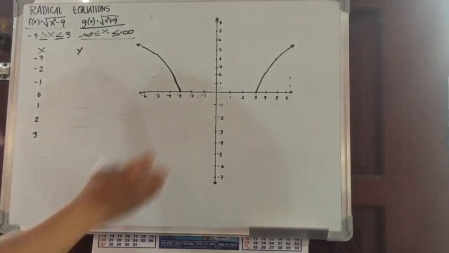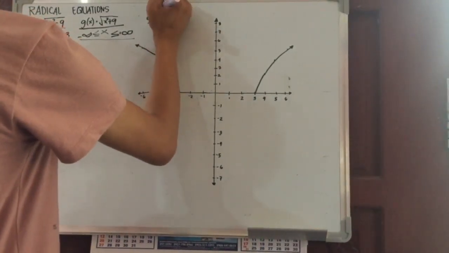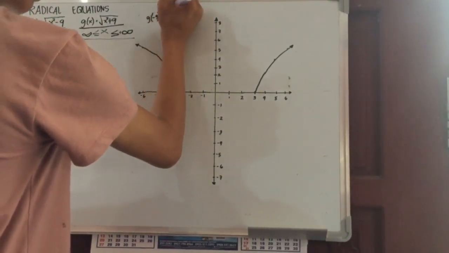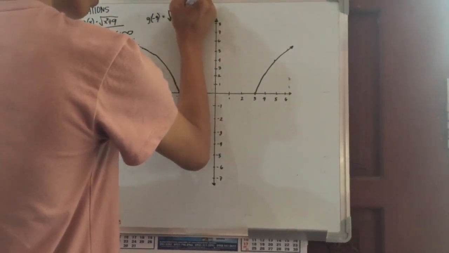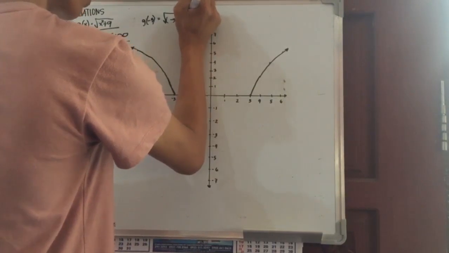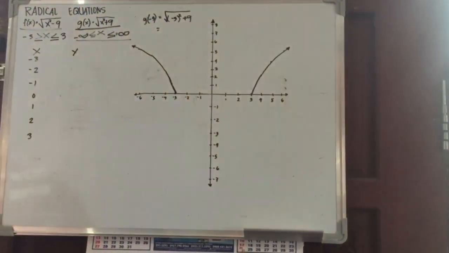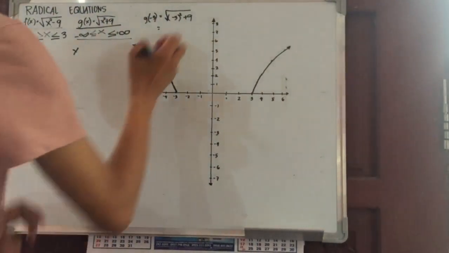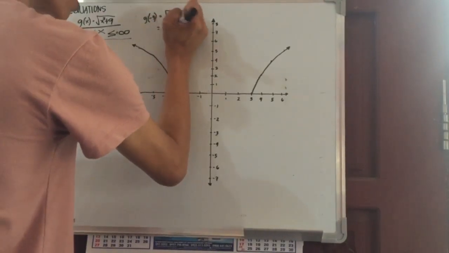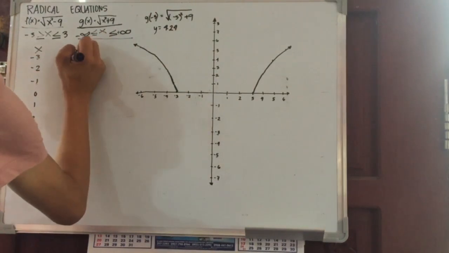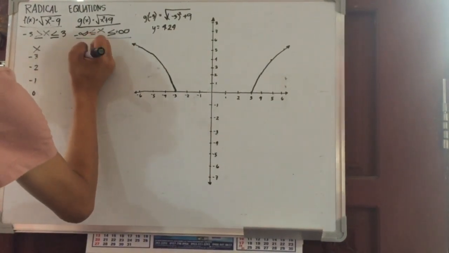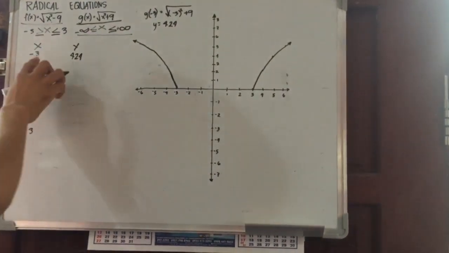So g of negative 3 is equal to the square root of negative 3 squared plus 9, and that would be equal to 4.24. So let's put it in here.